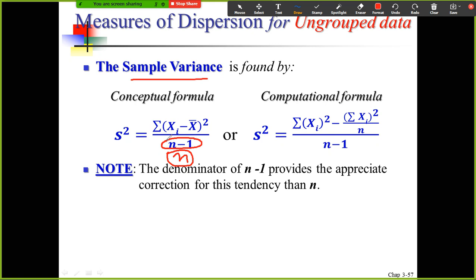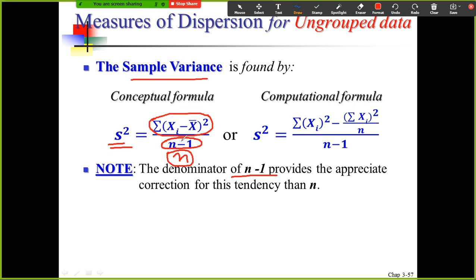It's not wrong if you take the sum of this value and divide it by n in order to find sample variance, but it's better to divide it by n minus 1.